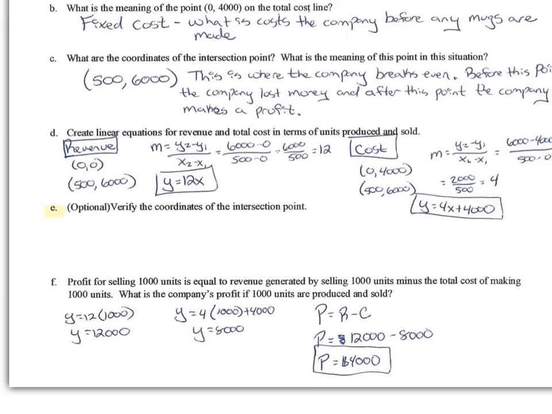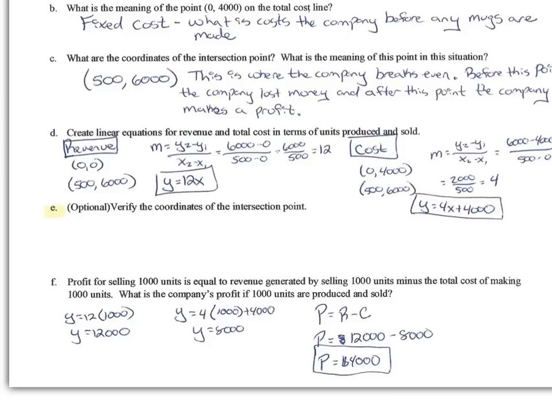And finally, letter F, profit for selling 1,000 units is equal to the revenue generated by selling 1,000 units minus the cost of making 1,000 units. So we have to find the revenue of making 1,000 and the cost of making 1,000, and since it's the difference, you subtract them, because profit is the difference between revenue and cost.